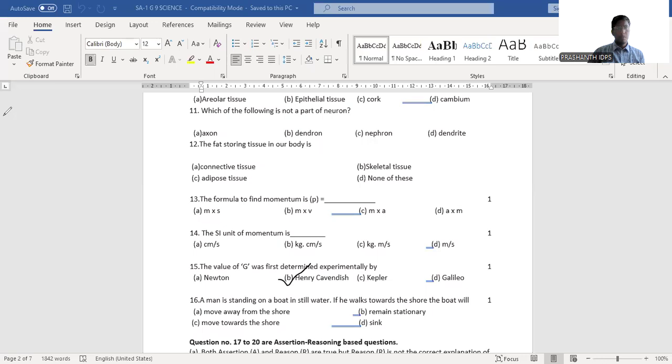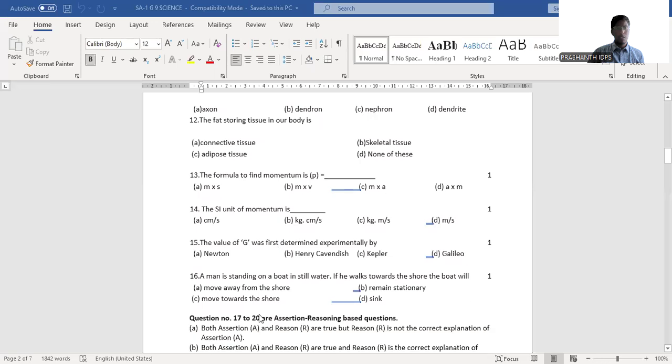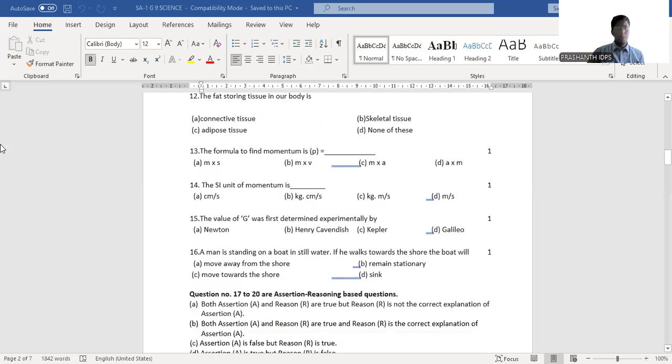Now let us go to the 16th question. A man is standing on a boat in still water. Let us imagine that this is a boat, and a man is standing over here. If he walks towards the shore, the boat will. Imagine it's a seashore.